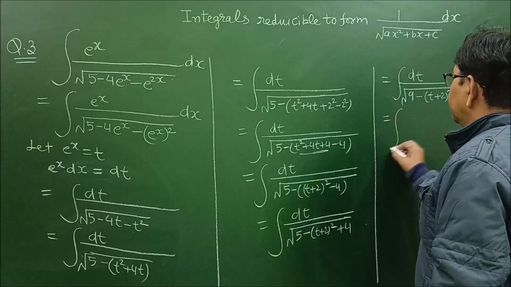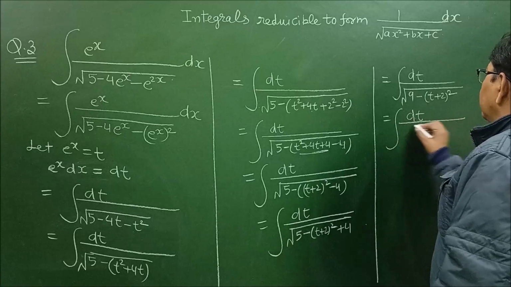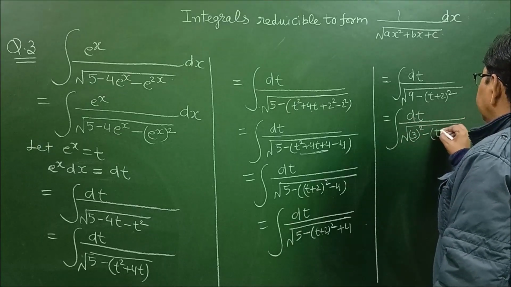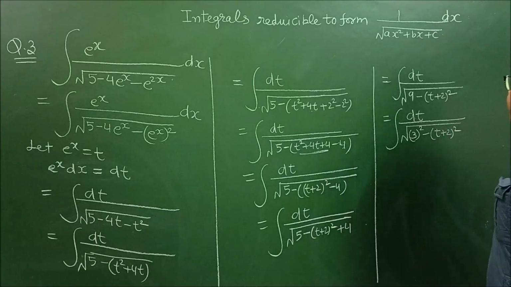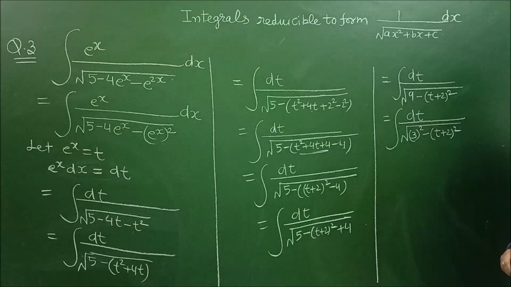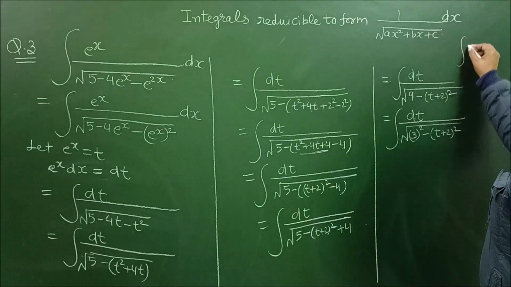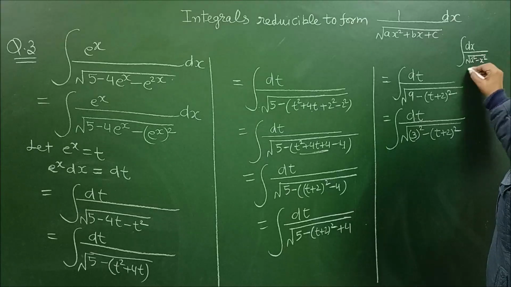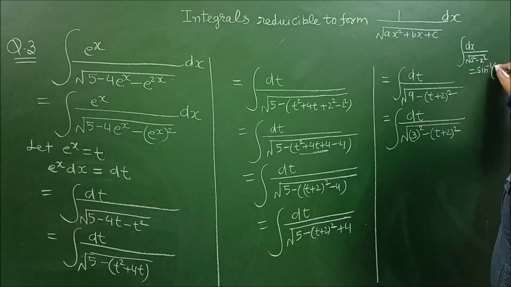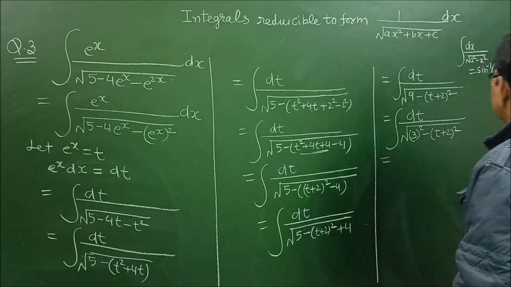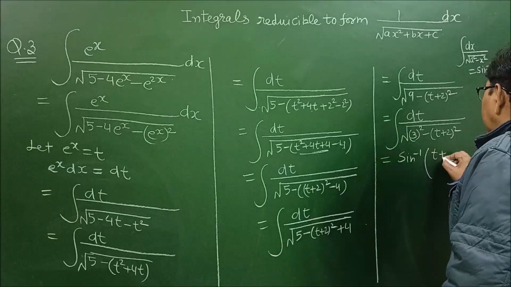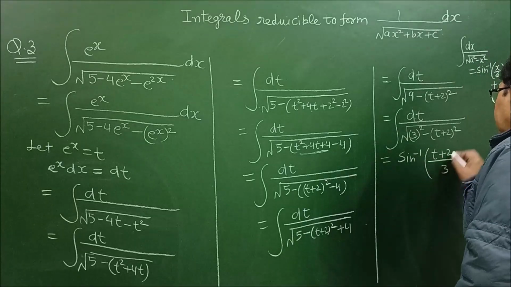So this is equal to the integral of dt upon under root of 3 square minus (t plus 2) whole square, which is of the form dx upon under root of a square minus x square, and we know that it is equal to sine inverse x upon a plus c. So using this formula, this is equal to sine inverse (t plus 2) upon 3 plus c.